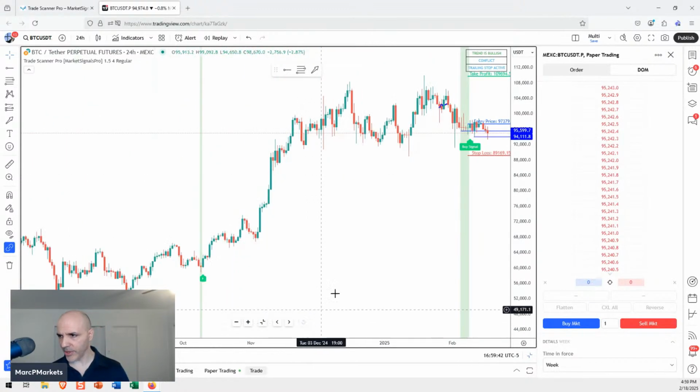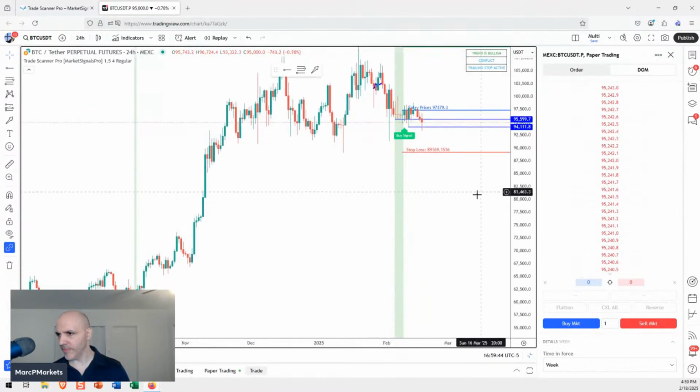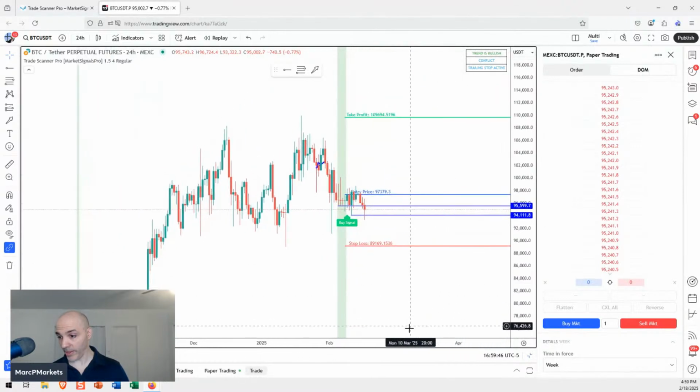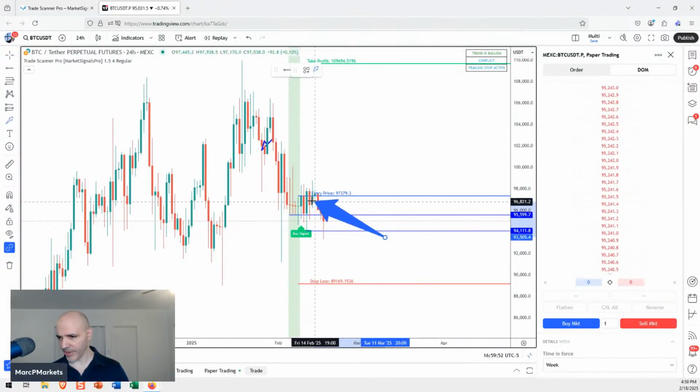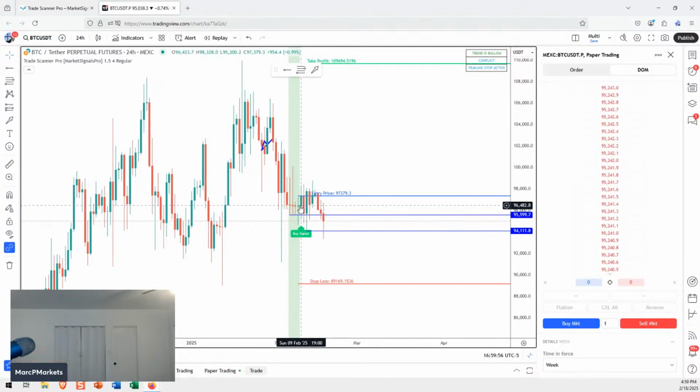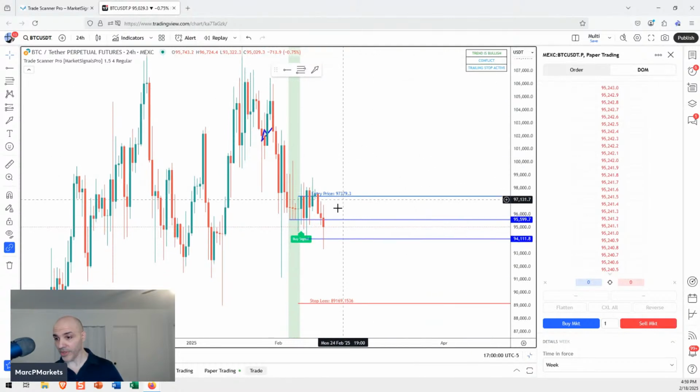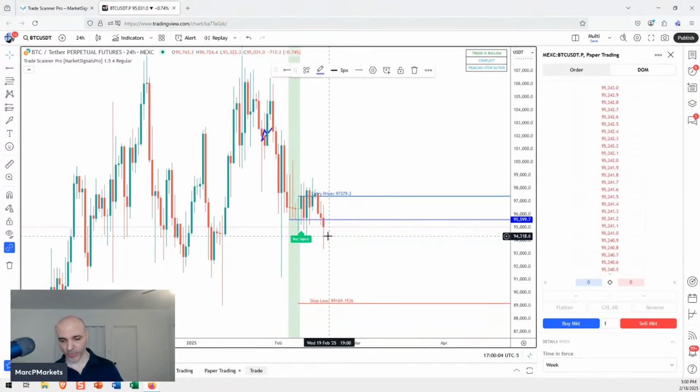Yeah, look, here's the daily chart. It's bullish and there's a long. There's a long signal that was called on the daily chart back on this day here, February 25th. And let's erase some of these blue lines.